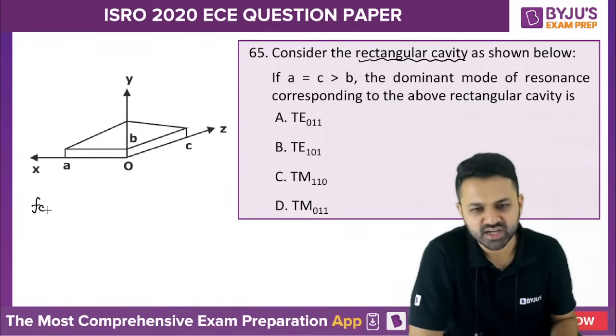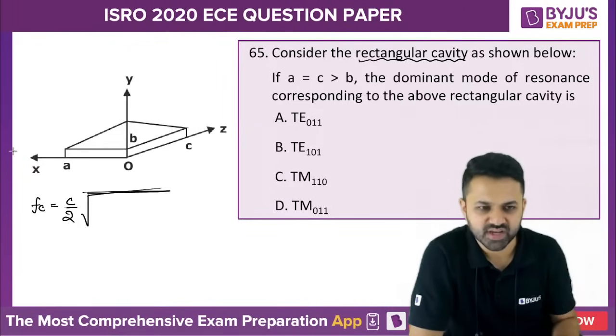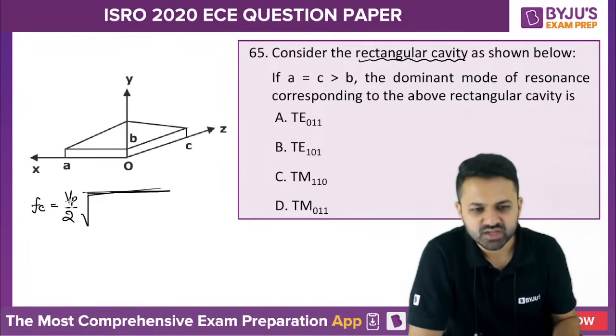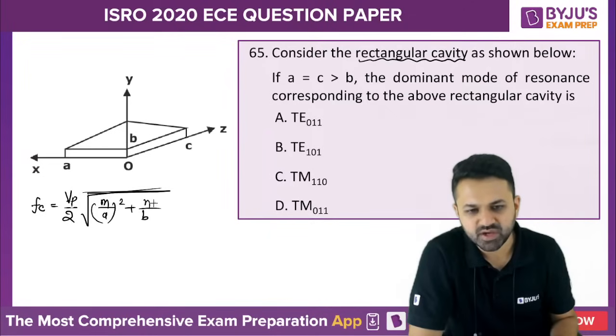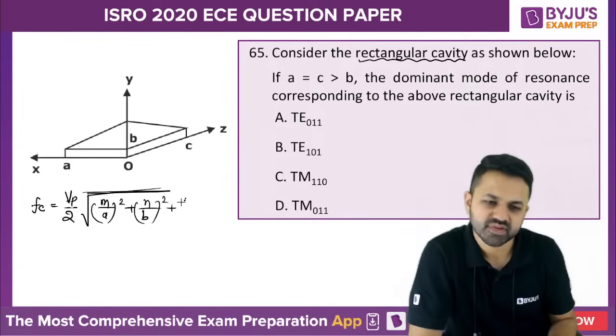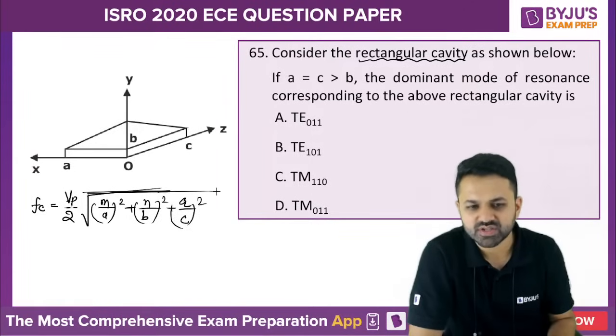According to that, the cutoff frequency is given by c upon 2 root over, and we can write the velocity also, Vp. So this is nothing but m by a whole square plus n by b whole square plus q upon c whole square.